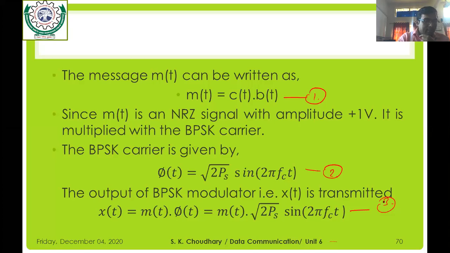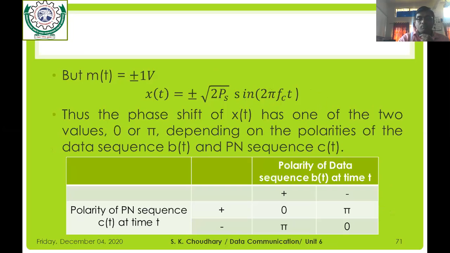Now we know that the DS-BPSK signal x(t) has a phase shift of one of two values, either 0 or pi. The polarity of the data sequence and the PN sequence may be opposite.